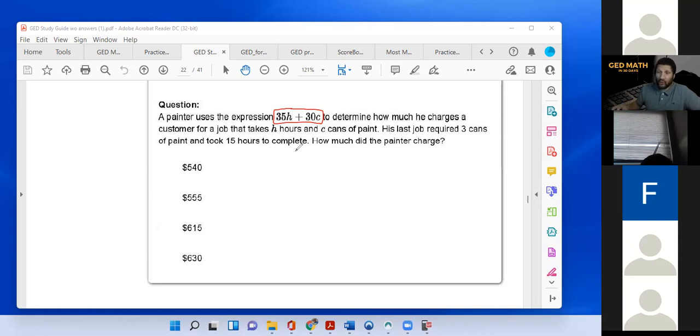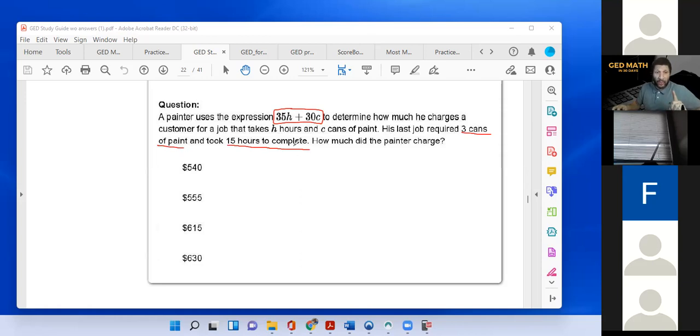What else do we know from this couple of sentences from this problem? 3 cans, he can do it in 15 hours. Okay, so 3 cans of paint and 15 hours to complete.